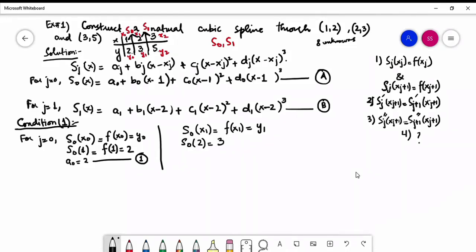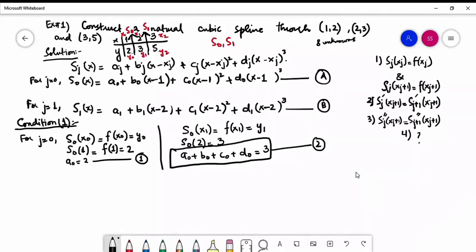If I replace x with 2 in equation A, then 2 minus 1 is 1: B0 into 1, C0 into 1 square, and D0 into 1 cube. Then this equation will become A0 plus B0 plus C0 plus D0 equal to 3. Let this be equation 2.